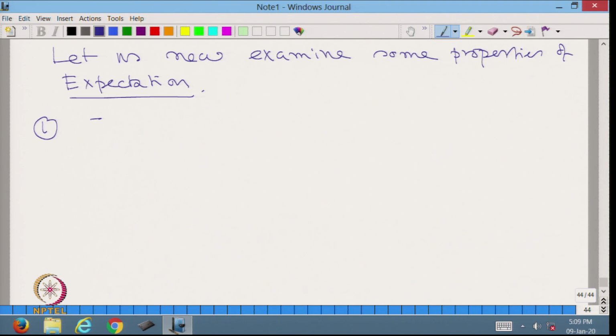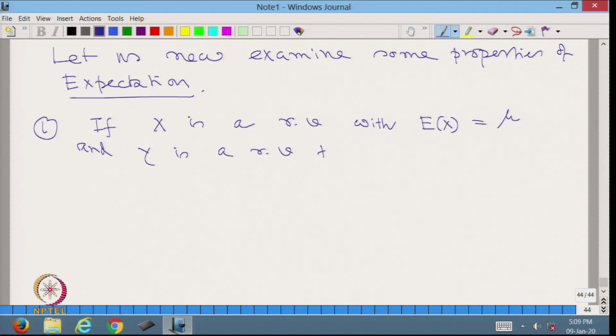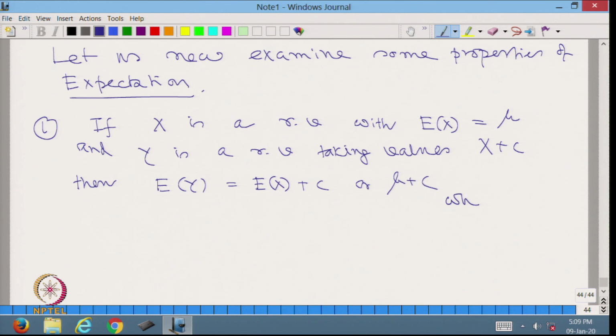One, if x is a random variable with expected value of x equal to mu, and y is a random variable taking values x plus c, then expected value of y is equal to expected value of x plus c, or mu plus c, when c is a constant.